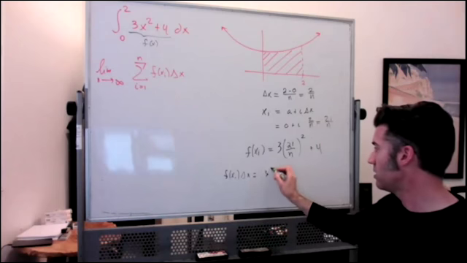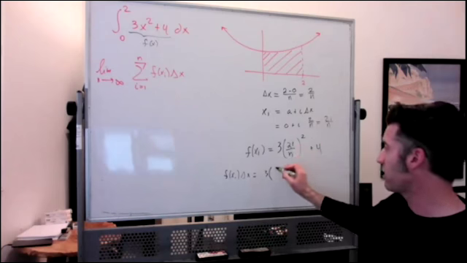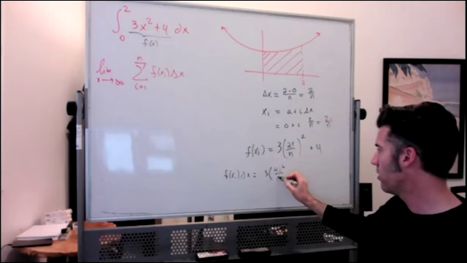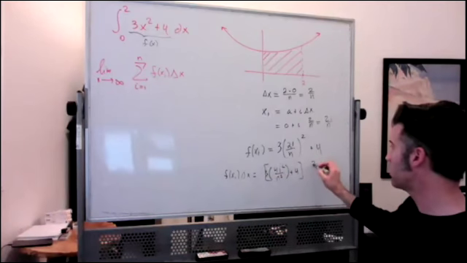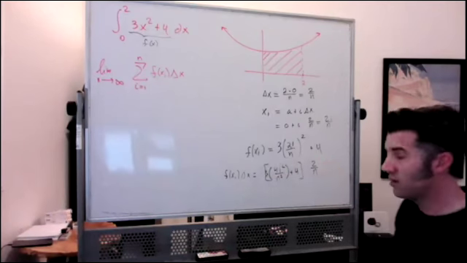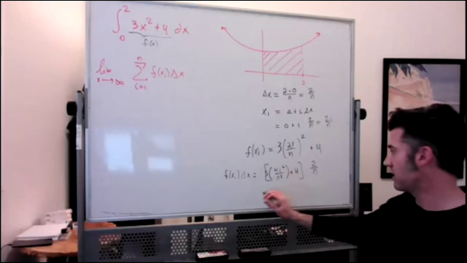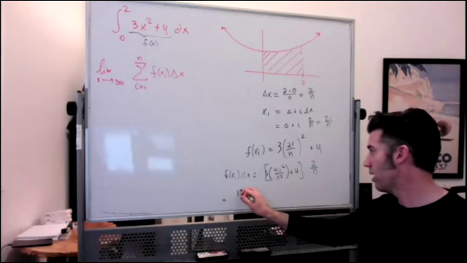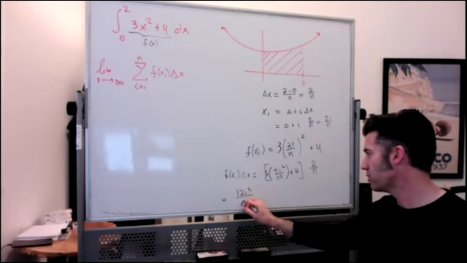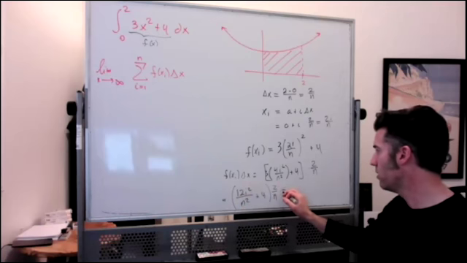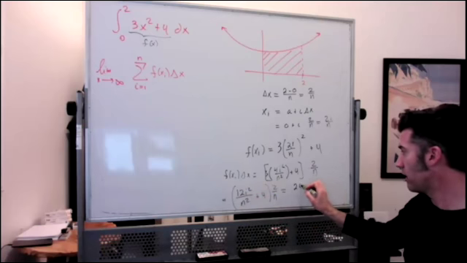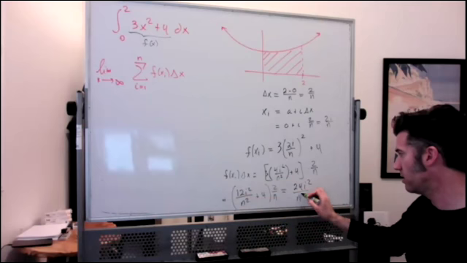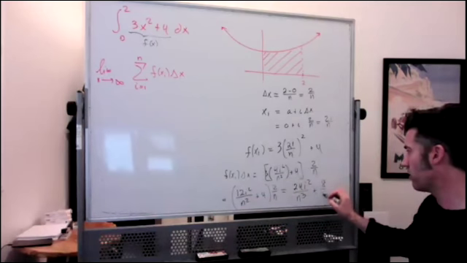I'm going to get 3 times 2i over n squared, which is 12i squared over n squared, plus 4, all times my delta x, which is 2 over n. And then finally distribute the 2 over n and get 24i squared over n cubed plus 8 over n.